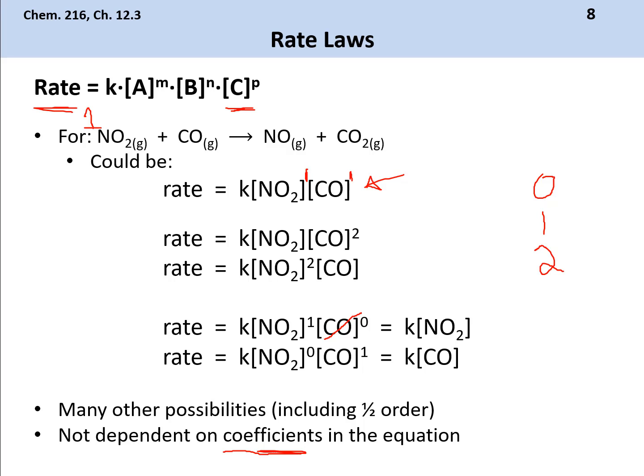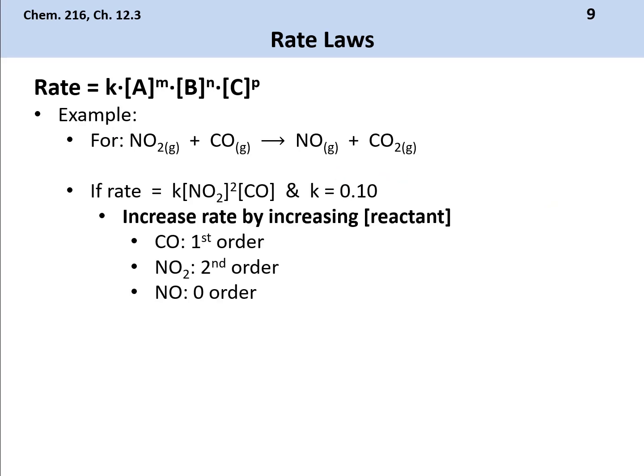It could be to the power of 0, 1, 2, or other possibilities. So let's see what happens to this rate. Right now, we're going to say that this reaction has this rate law: rate equals k times the concentration of NO2 squared times the concentration of CO. And we're told that k is equal to 0.1. This is just given.